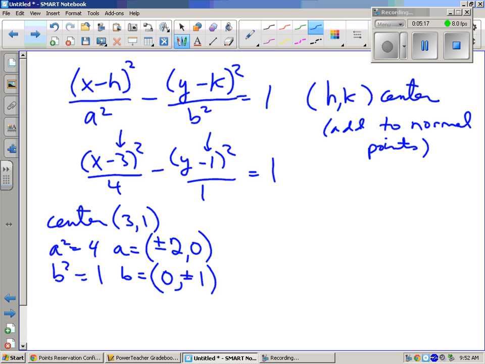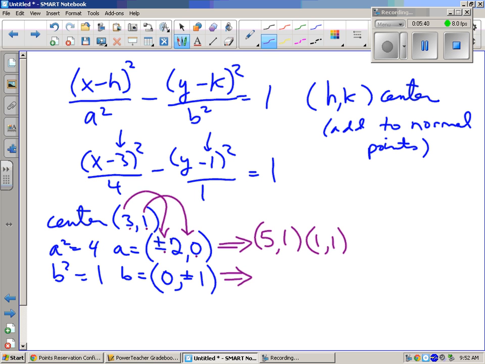So now we need to add the 3 to the x column and the 1 to the y column. So our actual endpoints, if I add 3 plus 2, that's 5. 1 plus 0 is 1, so there's one of them. Then 3 minus 2 is 1, and 1 and 0 is 1.